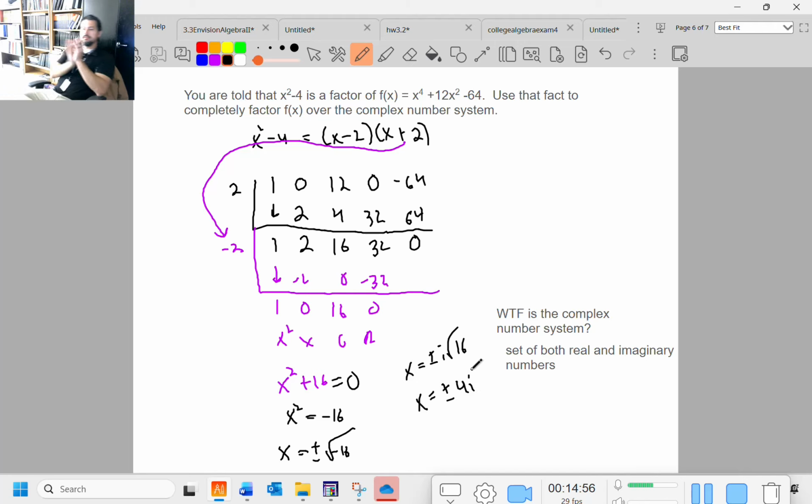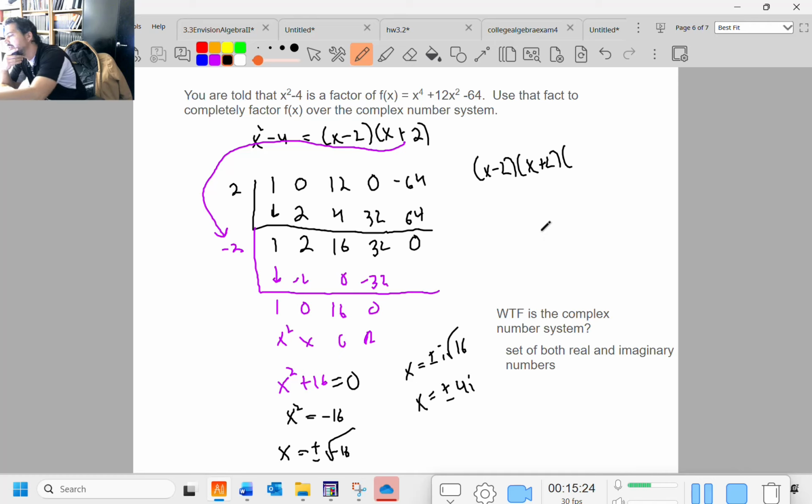Now, at this point in time, with the way everything has been scaffolded to you, you should be able to realize that if I have an x value, I can create a factor. See how 2 was a 0, negative 2 was a factor, negative 2 was a 0, positive 2 was a factor. So what I've learned so far is that the two real factors are x minus 2 and x plus 2.